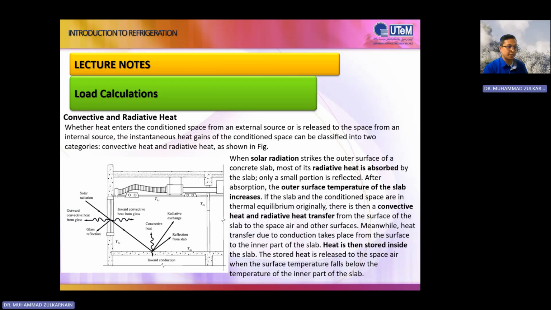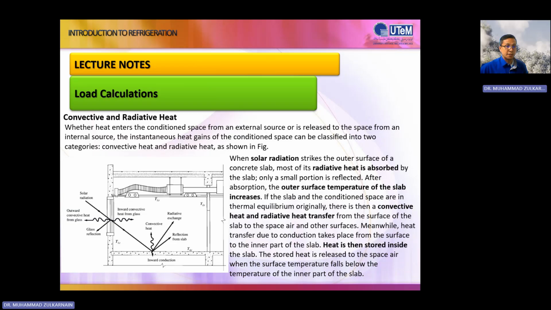Based on the figure, we can see the definitions of convective and radiative heat. As mentioned in the figure, radiative heat can come from an outside source like the solar. The solar creates heat from the windows, and from the wall itself, which can be transferred into the space.